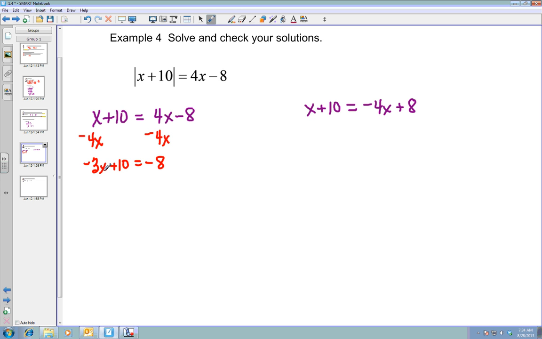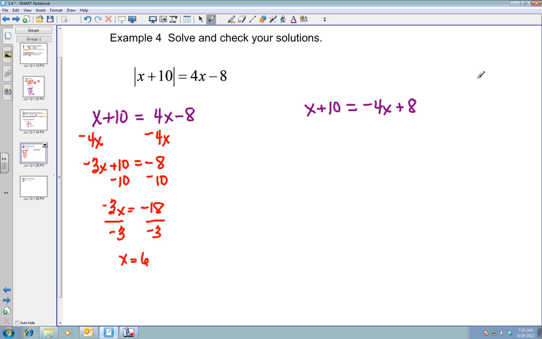I want everything else without an x over on the other side. So I'm going to get rid of this 10 by subtracting 10 from both sides. Negative 3x equals negative 18. Divide by negative 3. So x equals, I have a negative divided by a negative, so that's going to be a positive 6. So that's one possible answer.